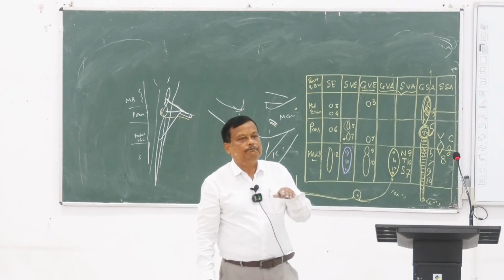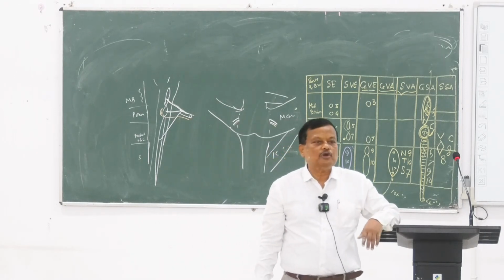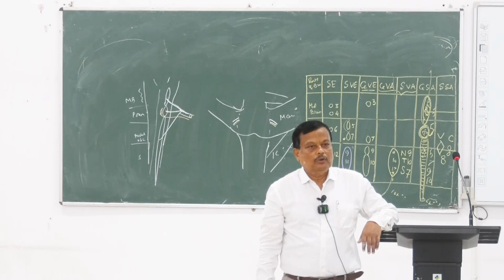Then this nerve comes out from the brain and at the apex of the petrous part of the temporal bone, from the anterior surface of the apex of the petrous part of the temporal bone.